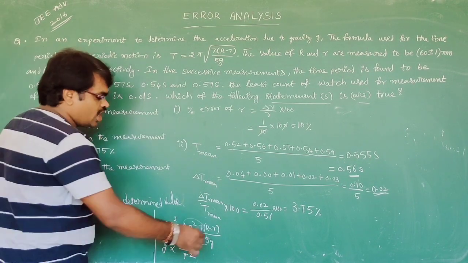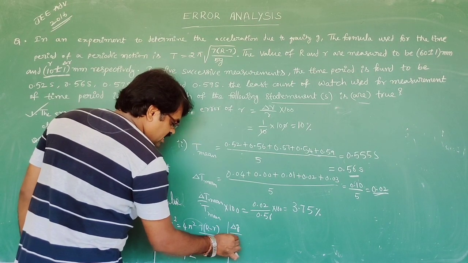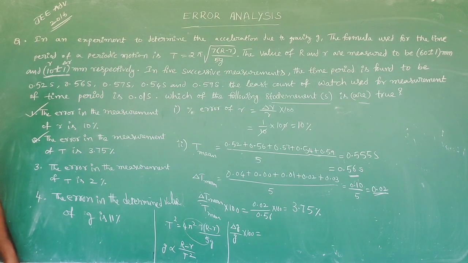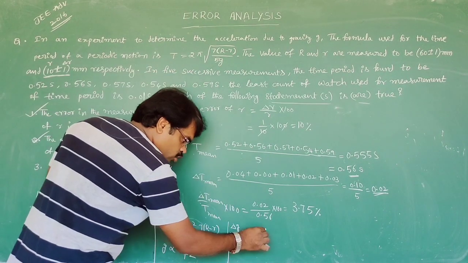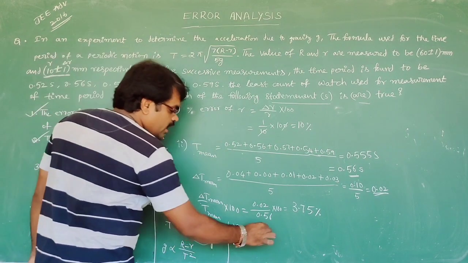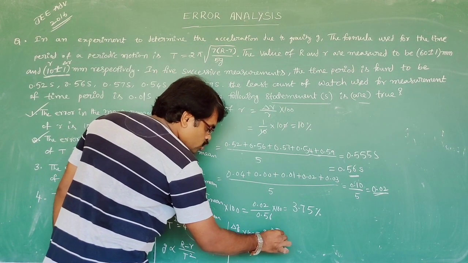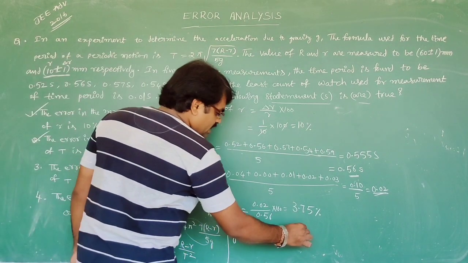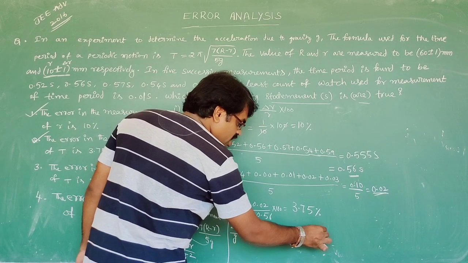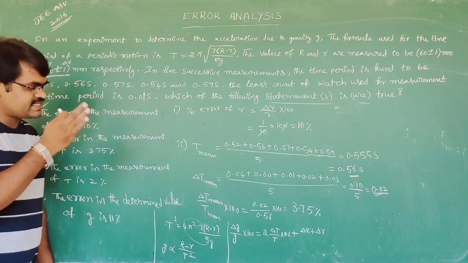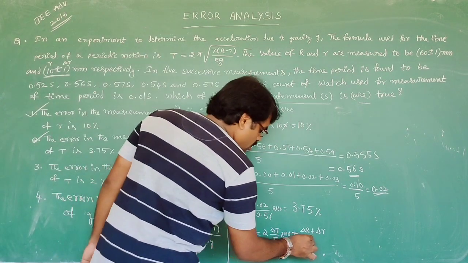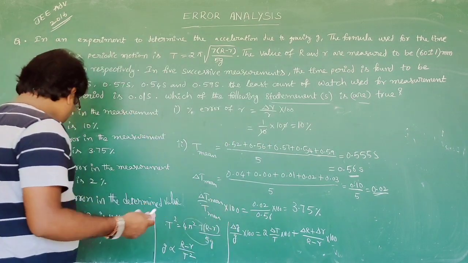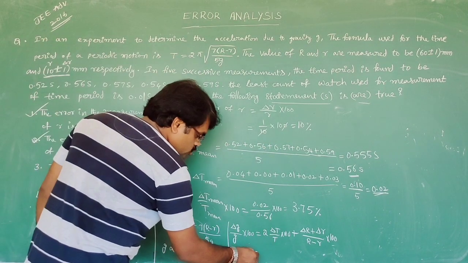The error formula is delta g by g into 100 equals 2 into delta T by T into 100, the maximum possible error, plus (delta R plus delta r) by (R minus r) into 100, because errors always add.